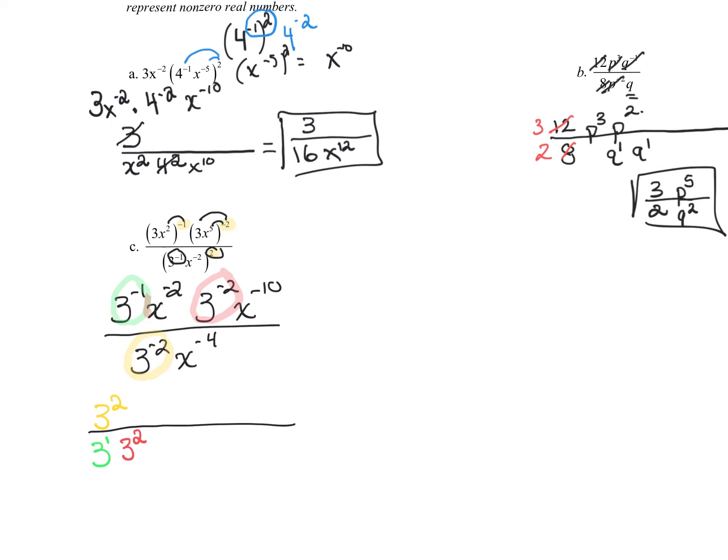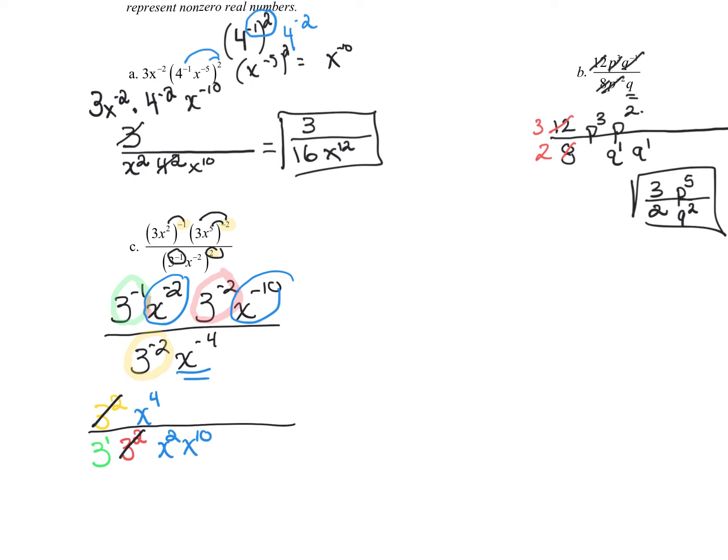Now with my x's, both of these two x's are going to the bottom. So x squared in the bottom, x to the 10th in the bottom, and this one goes up top. Okay, now I have everyone where it belongs. Now we can clean things up a little bit. 3 squared and 3 squared get to cancel out.